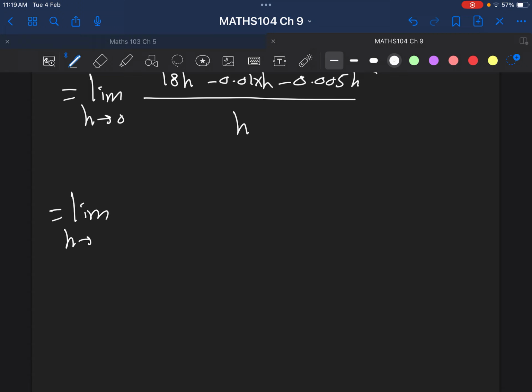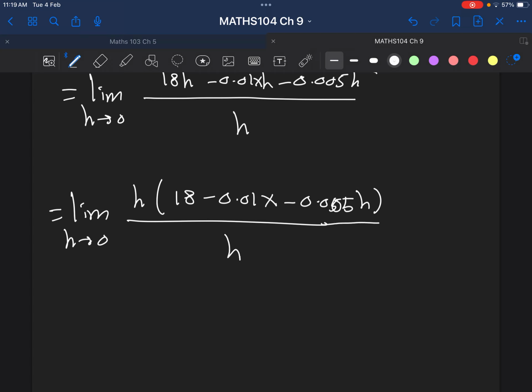Next step, take h as a common factor and cancel it. So we have h times 18 minus 0.01x minus 0.005h, divided by h. Cancel, cancel. The next step, substitute h equal to 0.